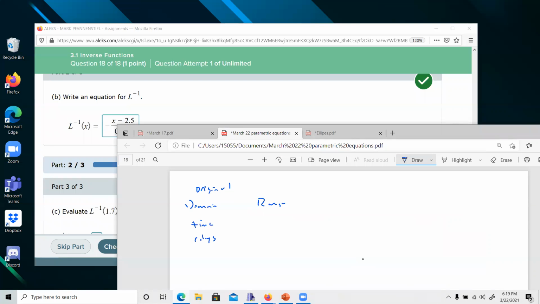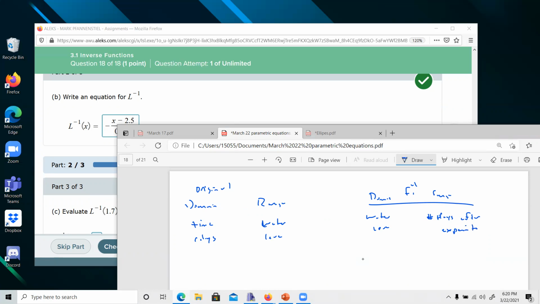The range was the water level. In the inverse function, they swap. So the domain is the water level, and the range is the number of days after the experiment.